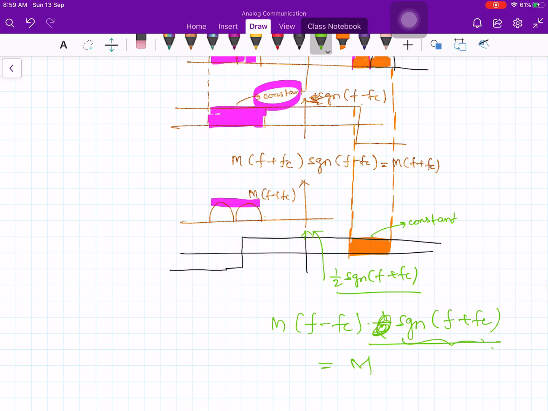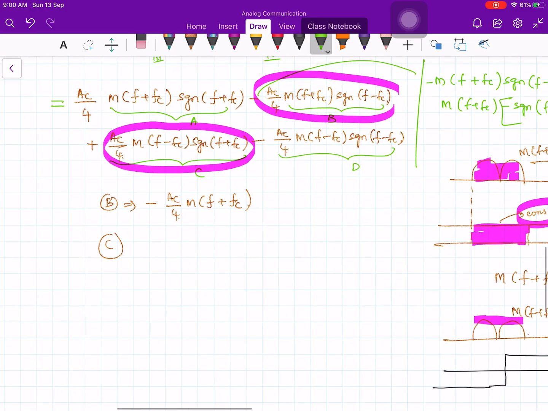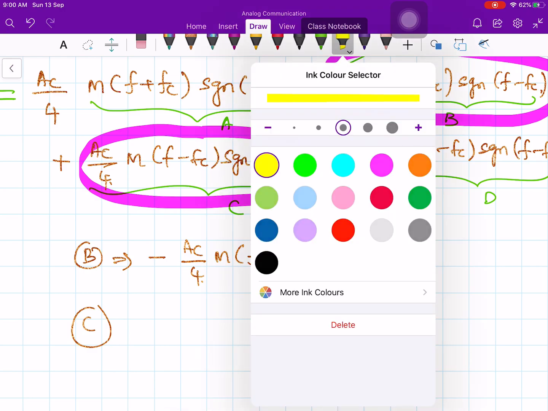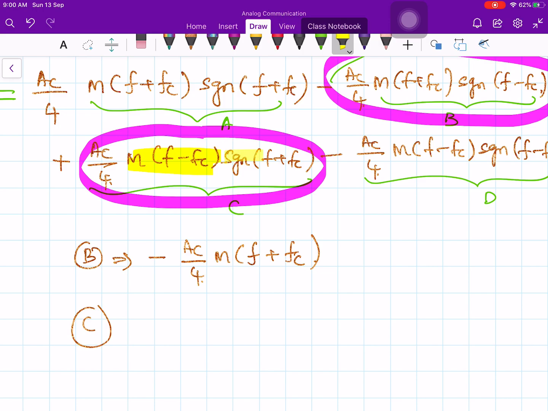So this is m of f minus fc. So m of f minus fc multiplied with the signum of f plus fc is m of f minus fc. Therefore the C term becomes AC by 4 m of f minus fc.